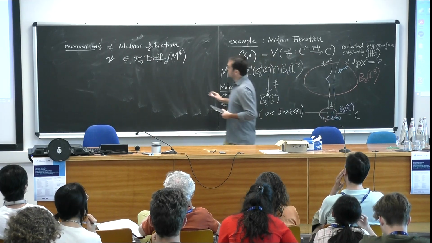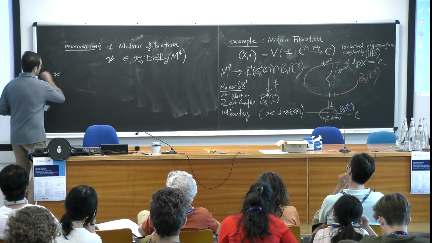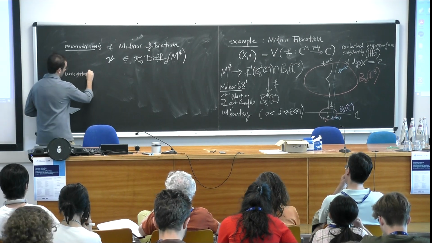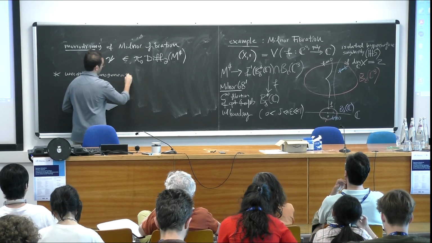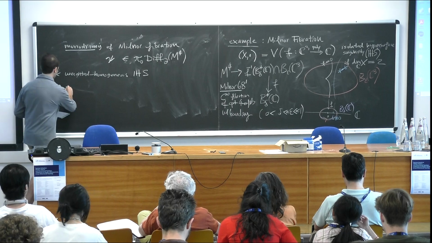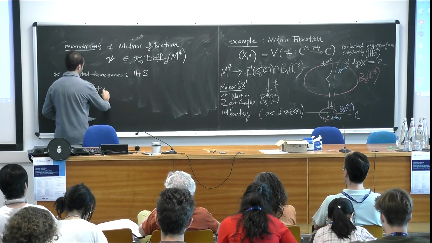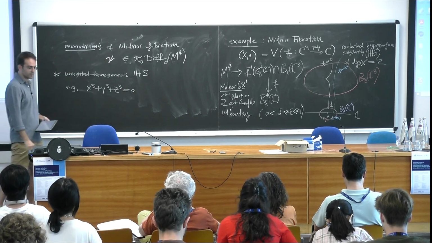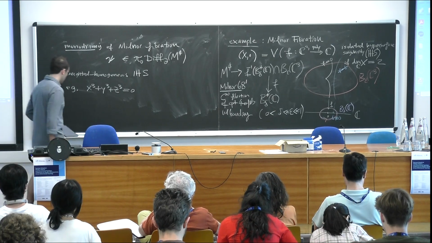So I'm going to be looking at a special class of hypersurface singularities. These are called weighted homogeneous isolated hypersurface singularities. To give an example, you could look at something like this equation. The singularity defined by this equation is the cone over an elliptic curve in P2.